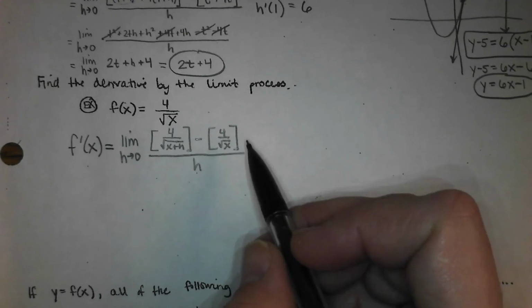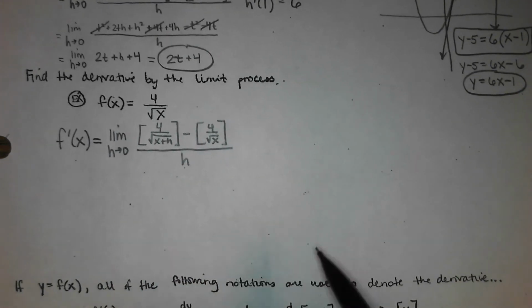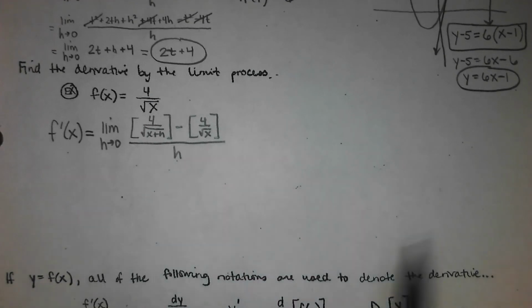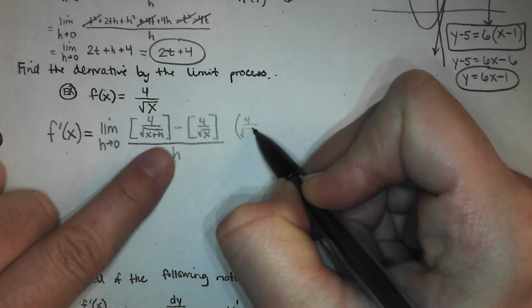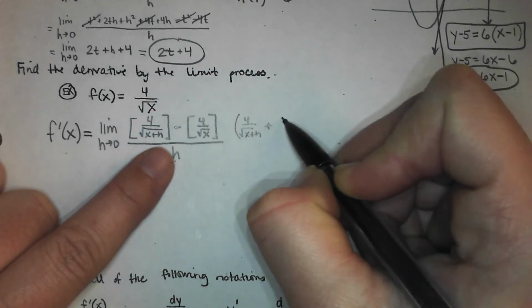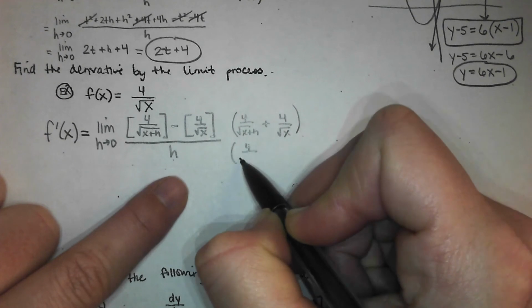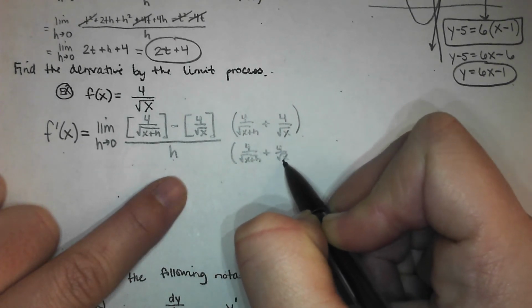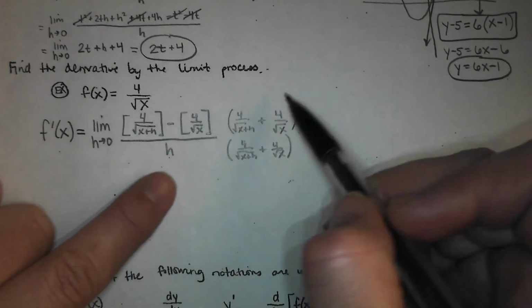So ideally, and we'll come back if we have to, maybe you just want to watch what happens in case we have to retract. But if that's what you saw, because radicals make you think of rationalizing, if she were to multiply by the conjugate, that would be 4 over root x plus h plus 4 over root x on the top and on the bottom. See, the problem is you're spreading around that nasty complex fraction, but we'll try it.